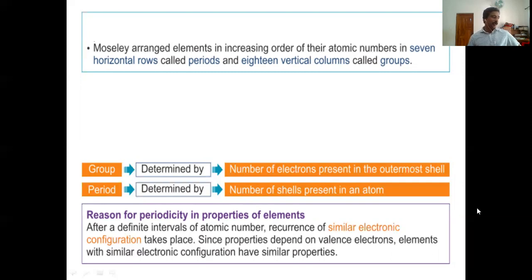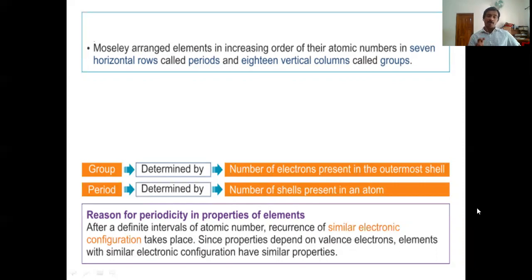For example, sodium atomic number is 11. 1s2, 2s2, 2p6, 3s1. Outermost shell is 3. In the shell 3 only 1 electron. So its group is 1. And the period is determined by number of shells present in an atom. So sodium has 3 shells, 3s1. So its period is 3.